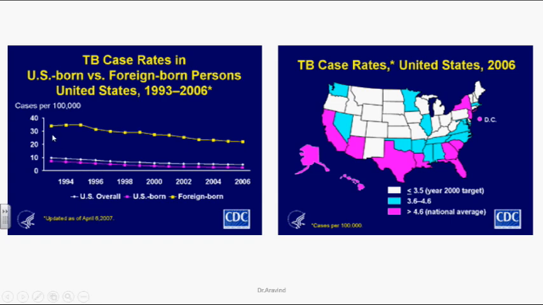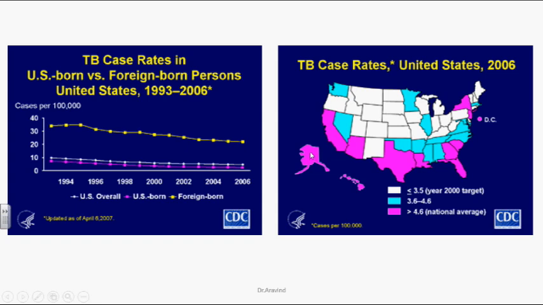In foreign born people, we can see a lot of cases between 93 and 2006, whereas in US born people there is a very low rate of this infection. Overall, we can see the white line here, the overall percentage.